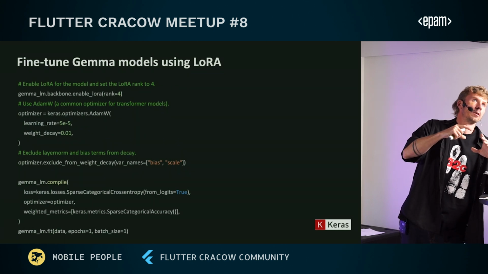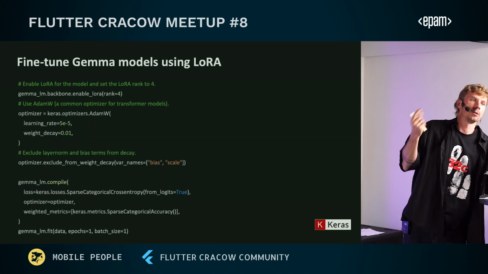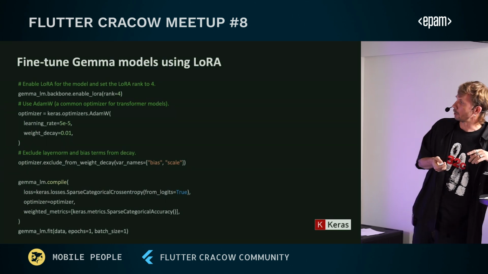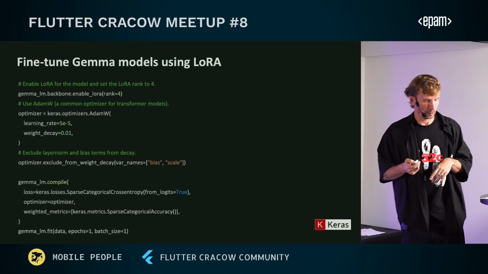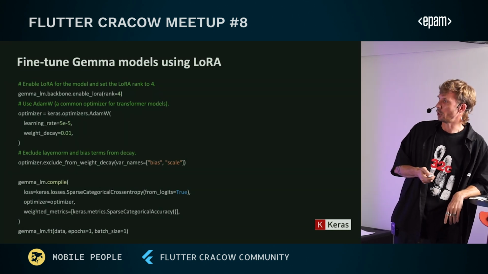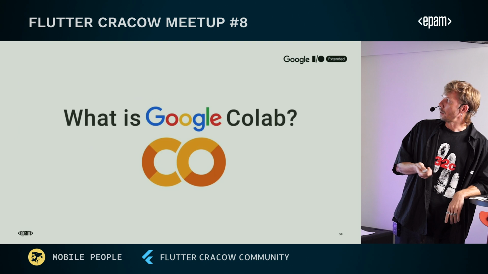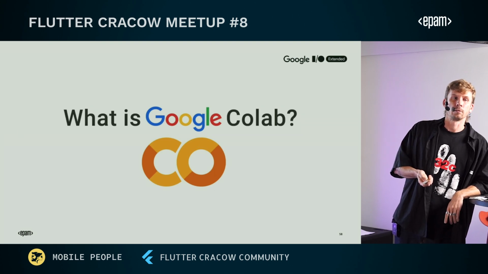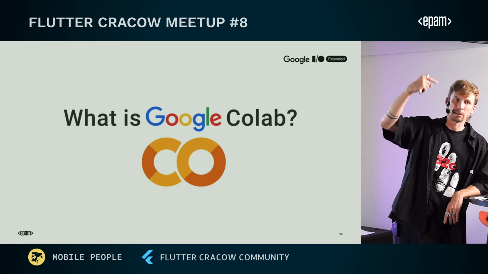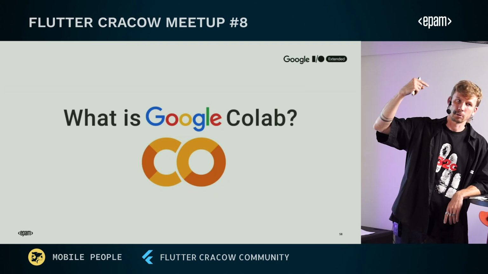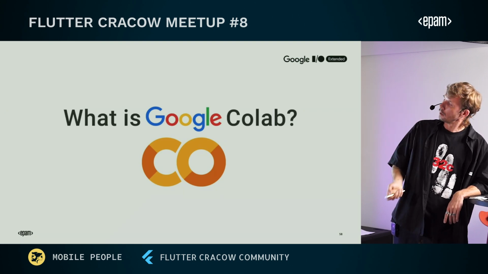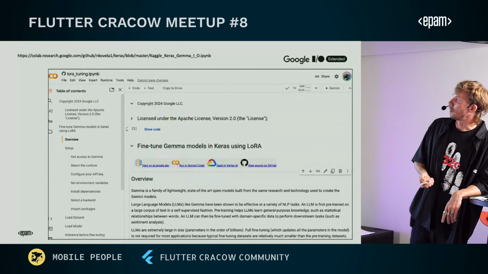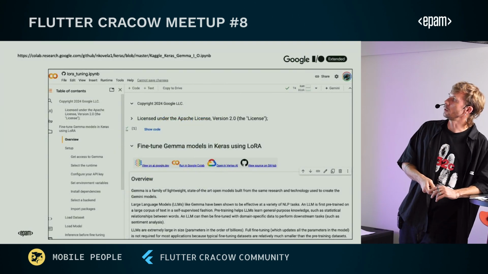For example, it can be a Google Sheet with data, or an Excel table, and you can add this additional data to the general Gemma model. In Google Colab, there is a specific Colab that you can use, and step by step go with Gemma and retrain it with medical data. There is a link. You can go to this link and check.